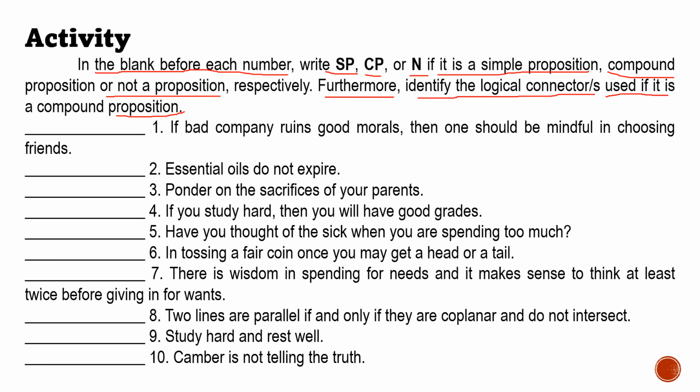Now, if we identify that the given is a proposition, then we can move forward in putting SP and CP, which represent your simple proposition and compound proposition. Now, if your answer is a compound proposition, then your next task is to identify the logical connector or connectors used. So that's simple, no?